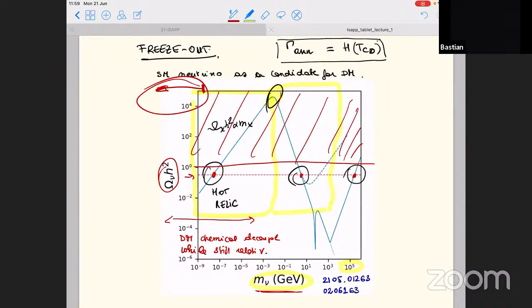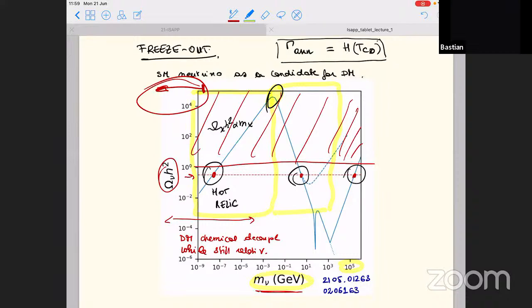Yes, but beyond that, above the dashed line, is it a non-physical region? In principle, when you solve this equation in order to determine this temperature, you can have a relativistic decoupling with a neutrino with a mass of 10 GeV, for instance.